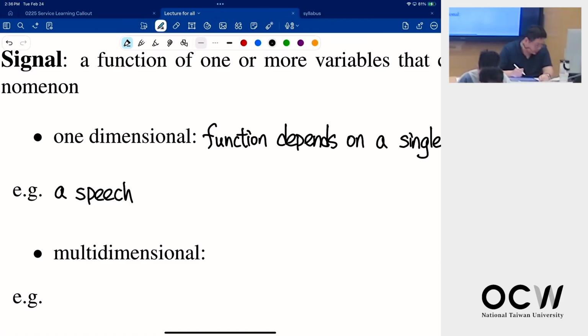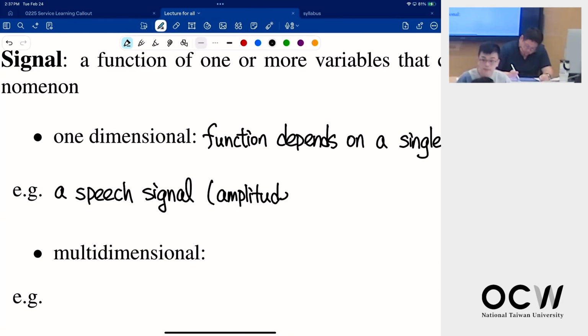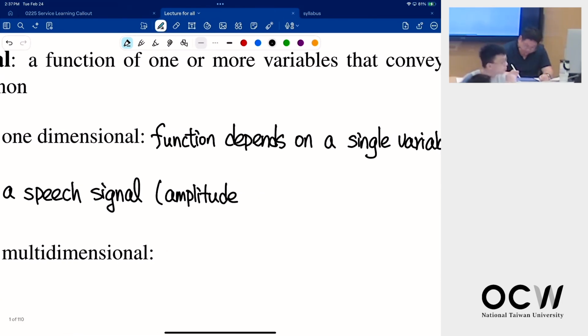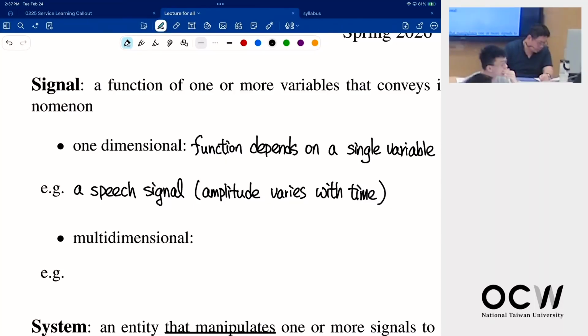So what is the speech signal? When we talk, we have different tones, different sounds. That is the amplitude. And this amplitude may only vary with time.